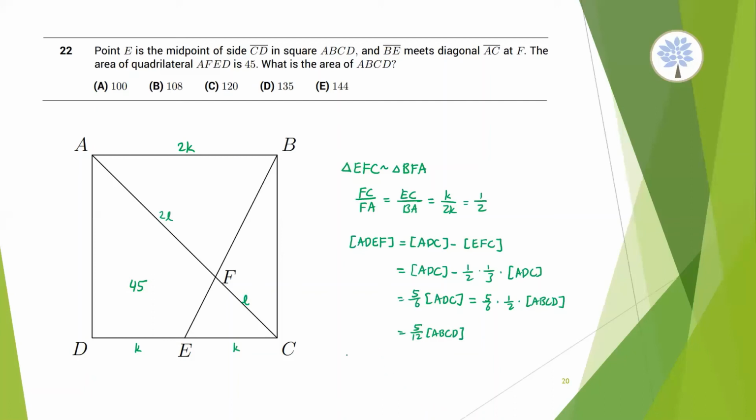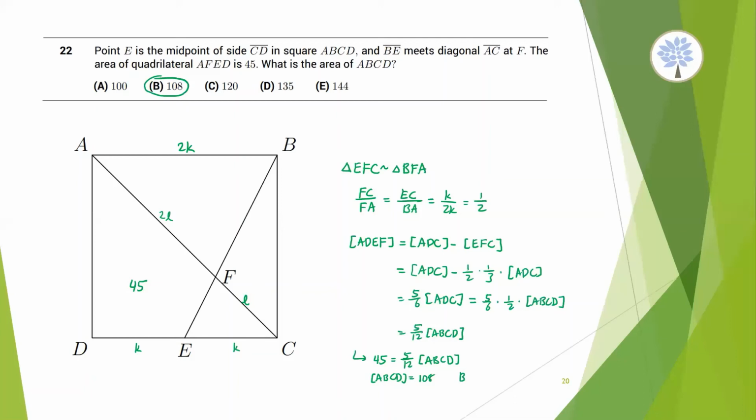And since we know that the area of quadrilateral AFED is 45, this equation just amounts to 45 equals 5/12 times ABCD. And from here, we can calculate the area of ABCD to be 108. And that is answer choice B. So the answer is B, and we're done.